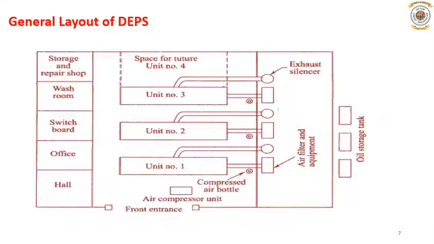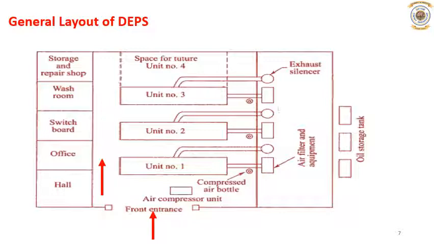Next, general layout of a diesel engine power system. This is the diagram where you can see the layout of a diesel engine power system. This is the front or entrance of the diesel power plant.